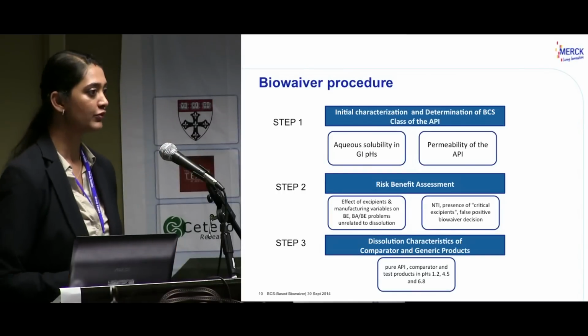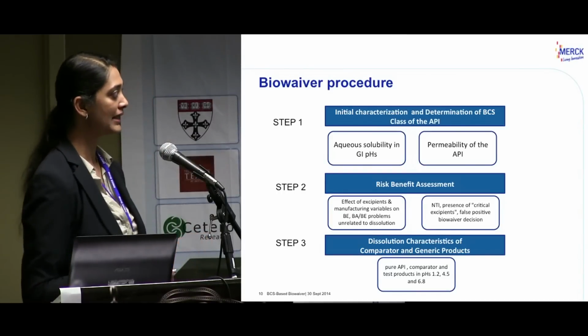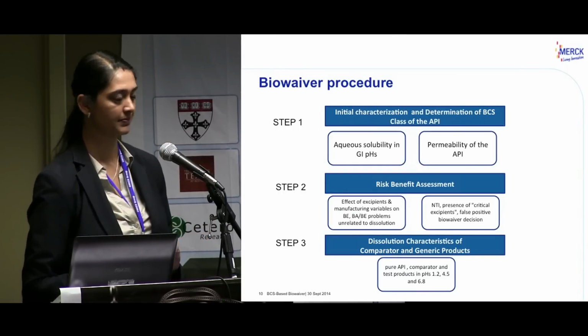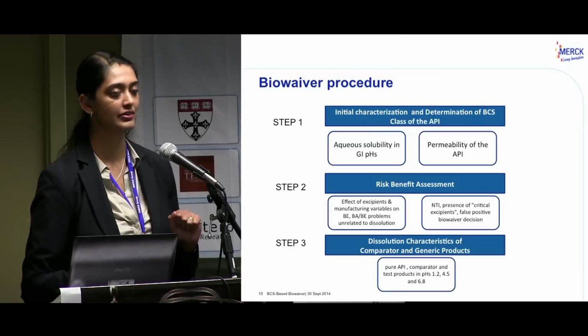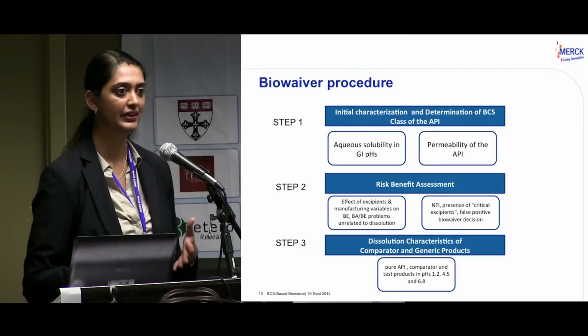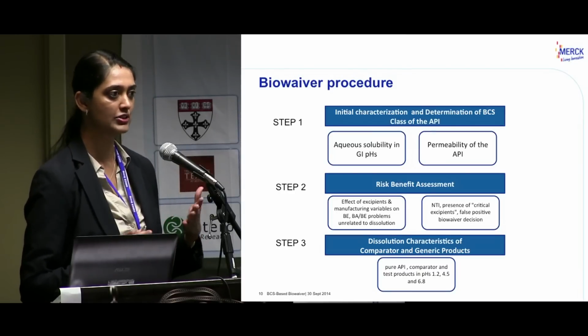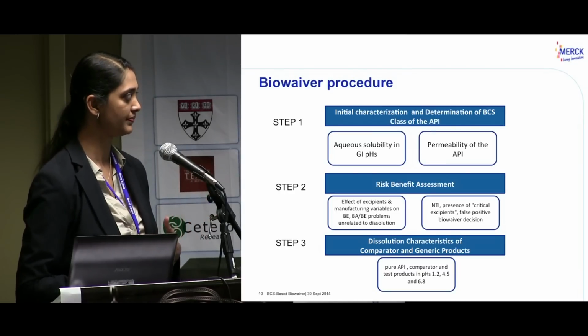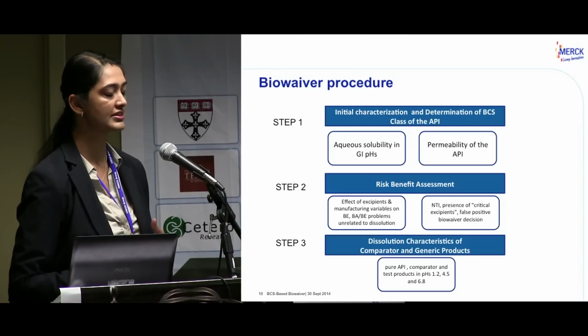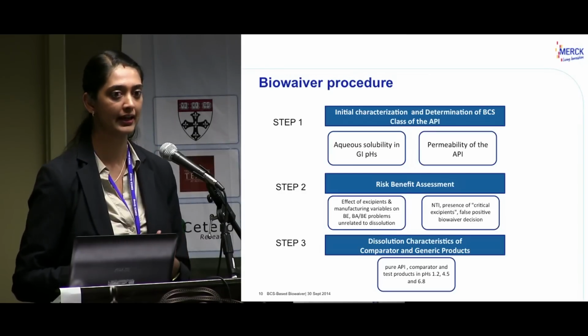So what are the steps involved in a biowaiver procedure? It basically has 3 steps. The first one is initial characterization and classification of your drug based on the BCS classification system. Then comes the most important step, that is the risk-benefit analysis.